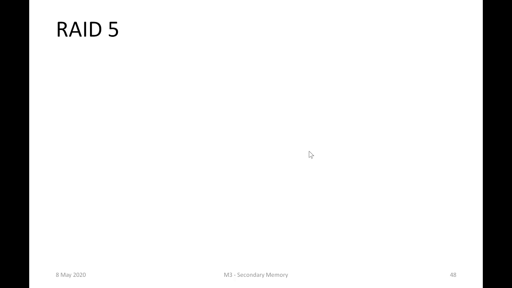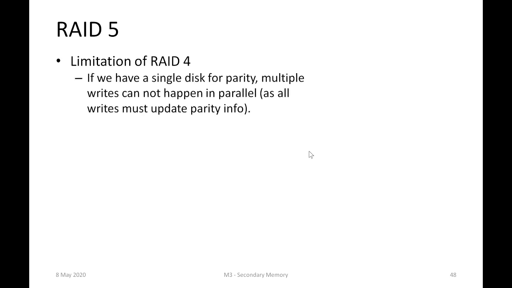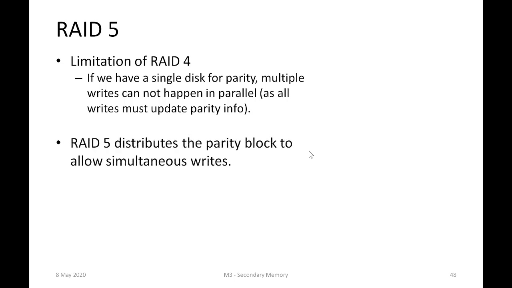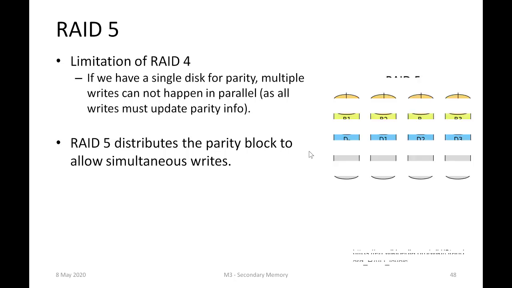RAID 5 addresses the limitation of RAID 4, which is limited because back-to-back writes need access to the single disk. So what RAID 5 proposes is, let's distribute the parity block also among all the disks.